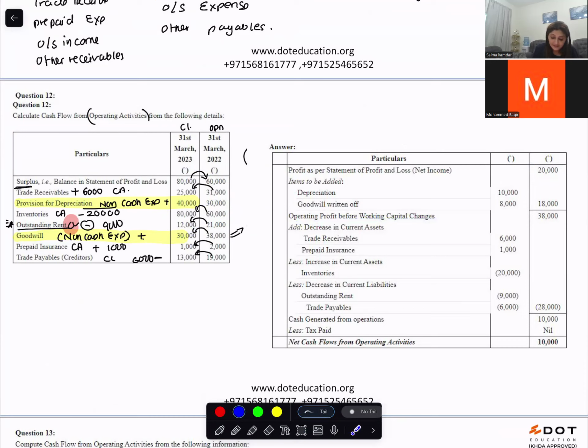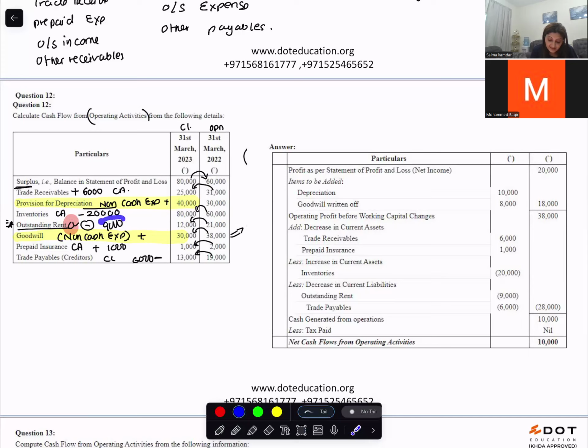So first you will deal with current assets. Increase in trade receivables, current asset. Decrease in inventories, current asset. There is a decrease in inventory, so you will subtract.